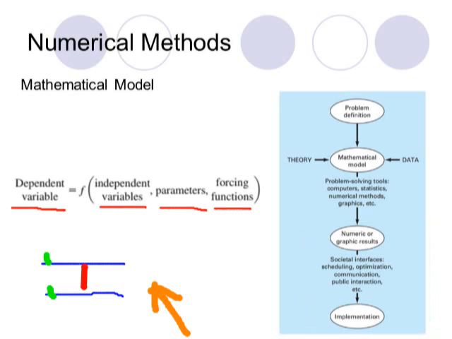Okay, so let's return back to our problem solution. How do we solve a problem in a computer? The first step is the problem definition. So what's our problem? We have a car, and this car moves from one point to the other.